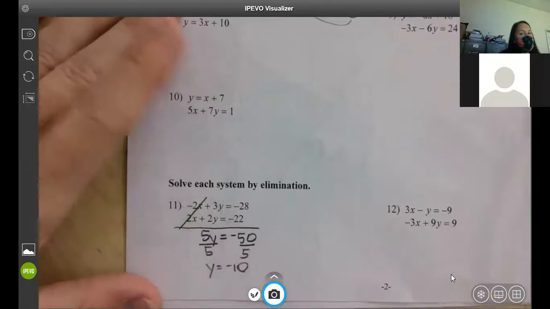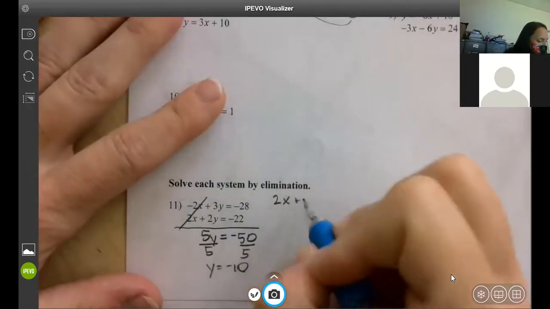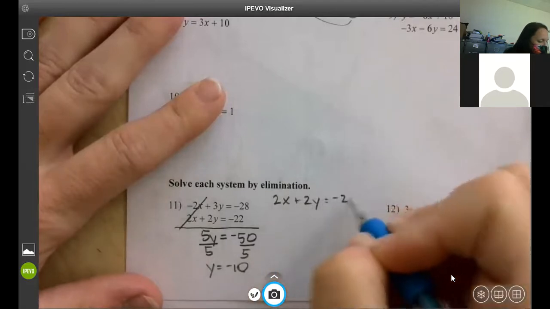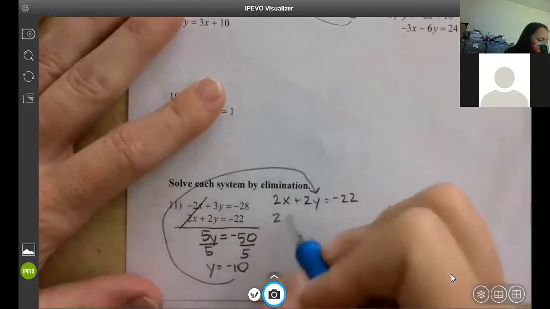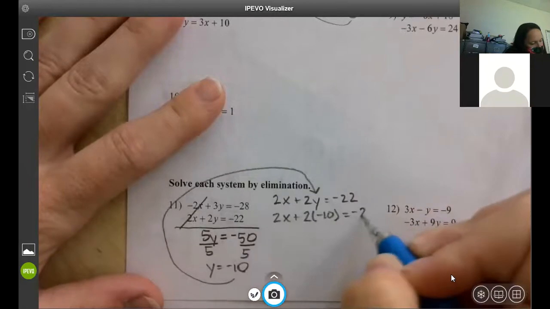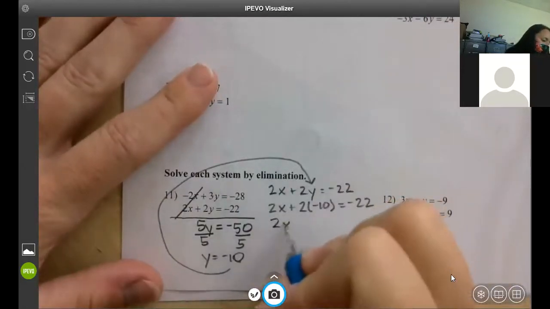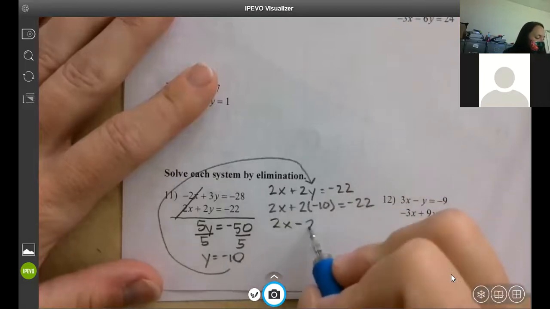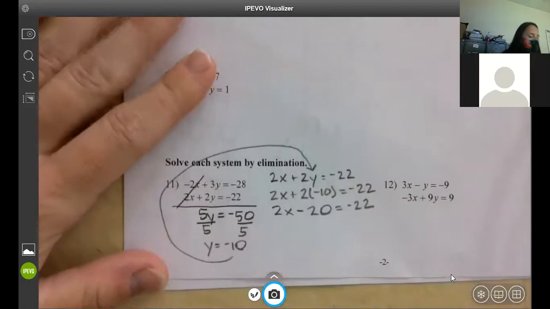You plug that negative 10 back into one of the equations. It does not matter which one. I'm going to use the second one. So we get 2x plus 2 times negative 10 equals negative 22. We get 2x, 2 times negative 10 is negative 20 equals negative 22.